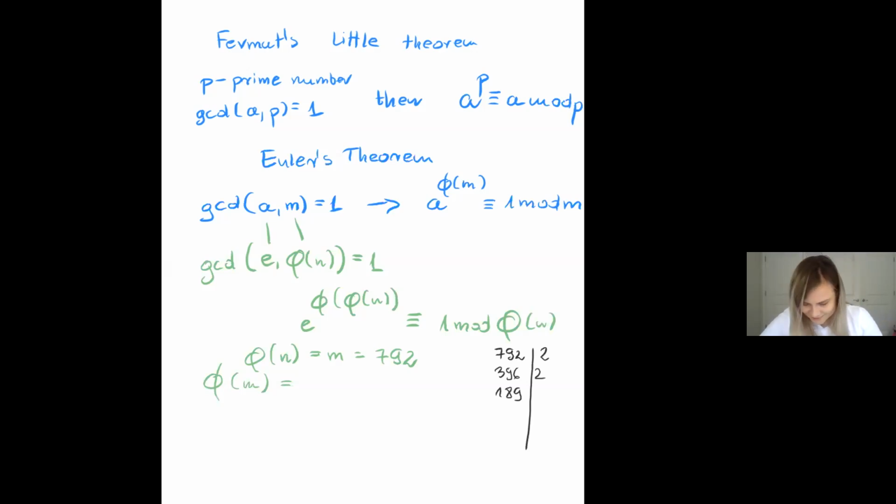I pre-computed it, don't worry. I don't count so fast. Then it is divisible by 11. So we have 9, 3, 3, 1. Okay, so this is our m. M is represented as 2 to the power 3 times 3 squared times 11.